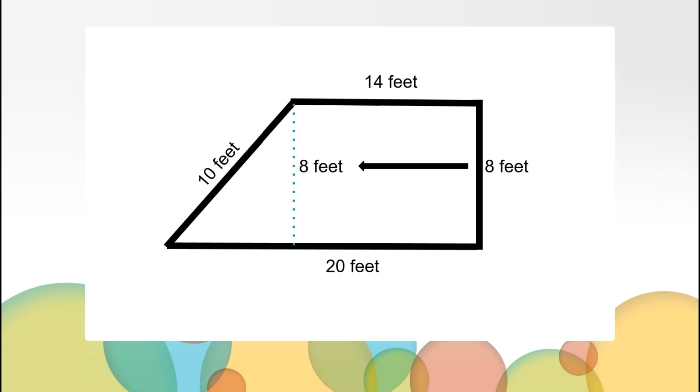She realized that if she took the length of the bottom of the wall and subtracted the length of the top of the wall, it would give her the length of the base of the triangle. She took 20 feet and subtracted 14 feet for it to give her, you got it, 6 feet.